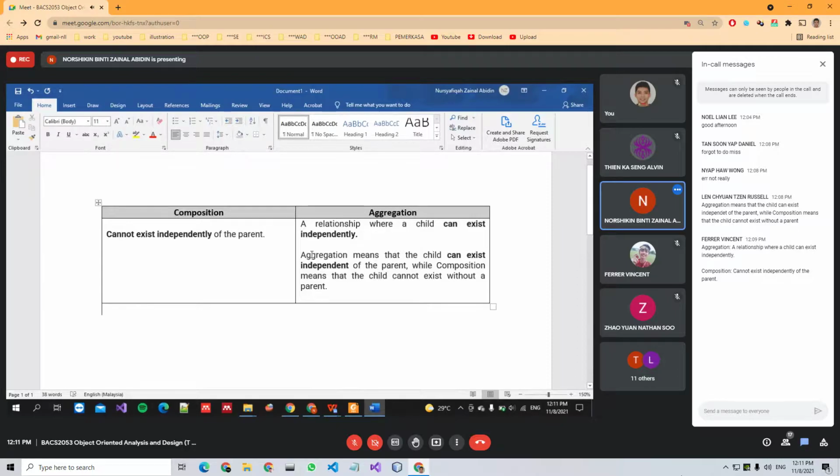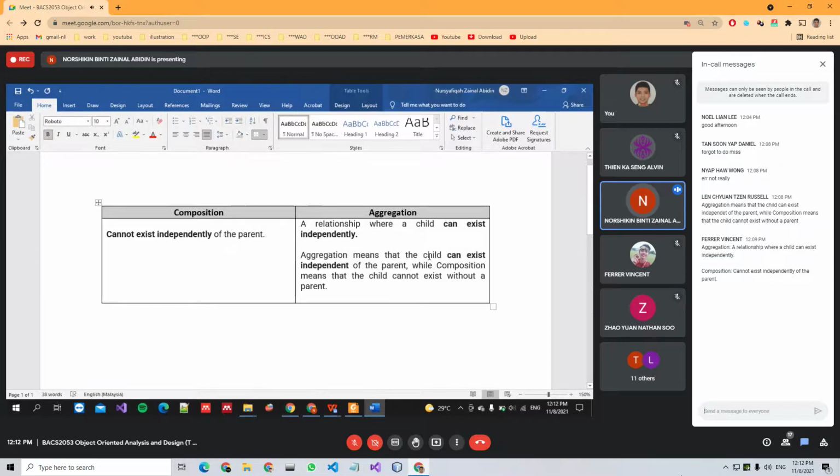Composition is the basic concept which cannot exist independently of the parent. And for aggregation, it is a relationship where a child can exist independently without the parent or superclass.